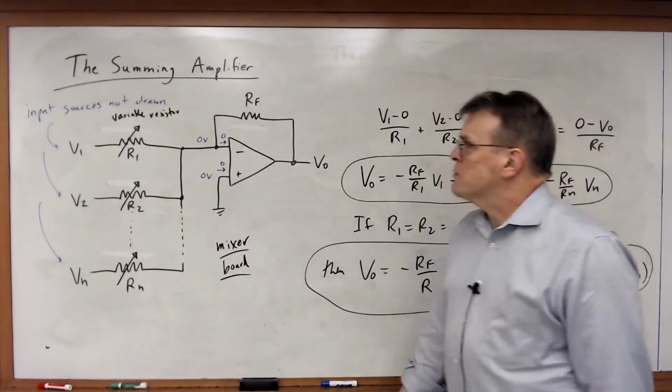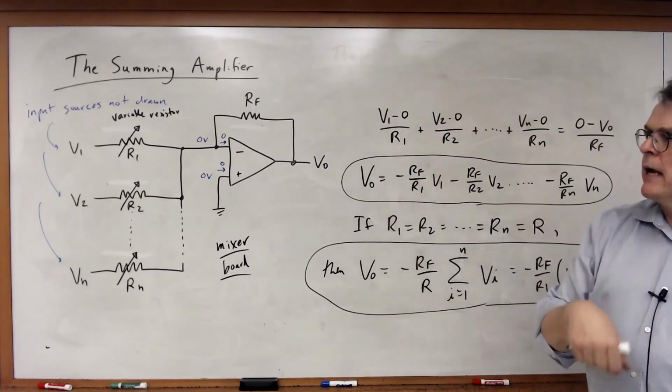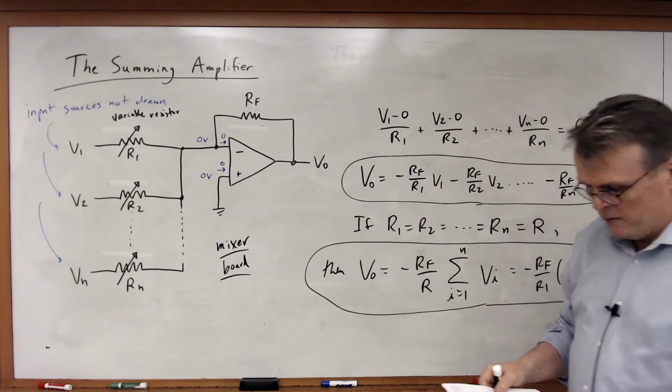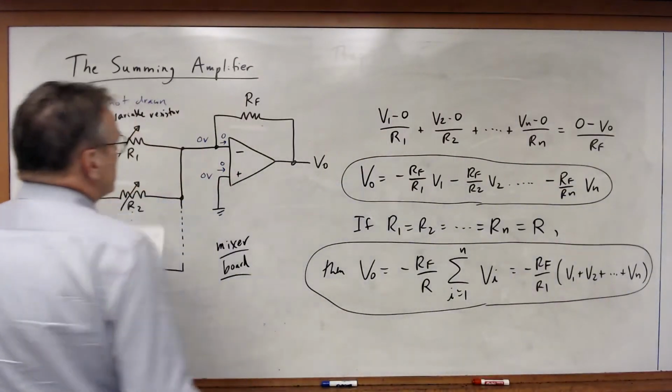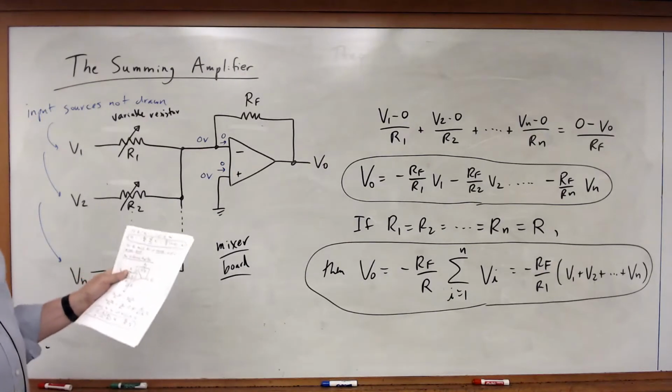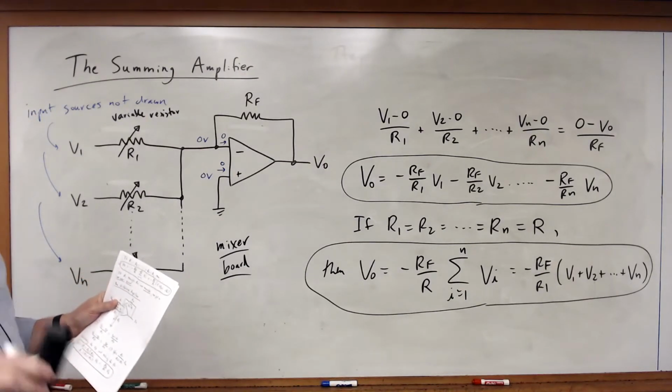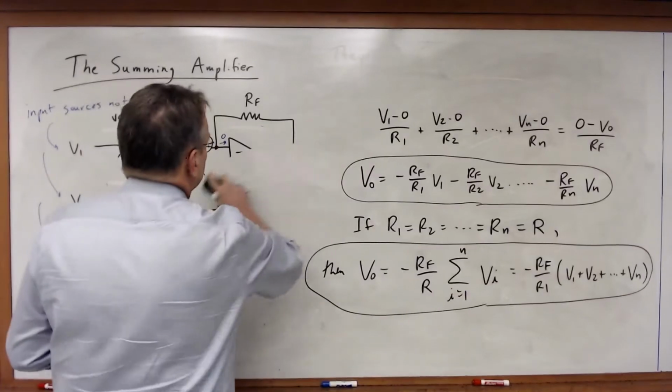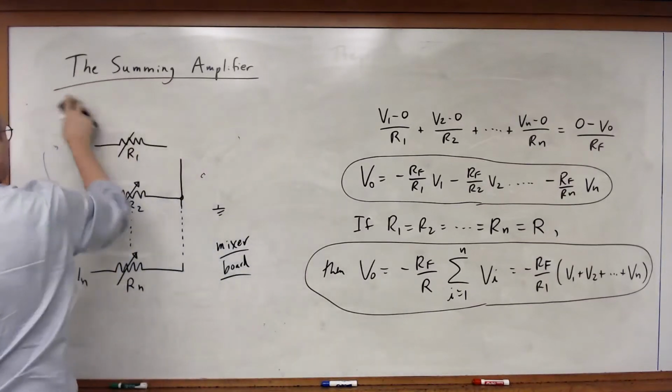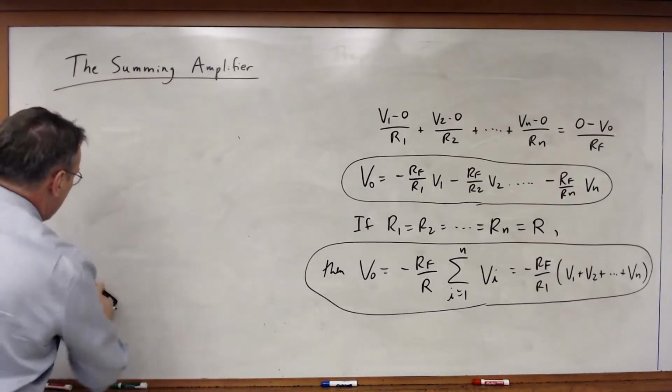What other kinds of interesting circuits can we do besides a summing amplifier? Well, let's look at a couple of those. Here is another interesting little circuit that once again allows us to do some interesting algebra on input voltages, two different input voltages. Let's look at this.